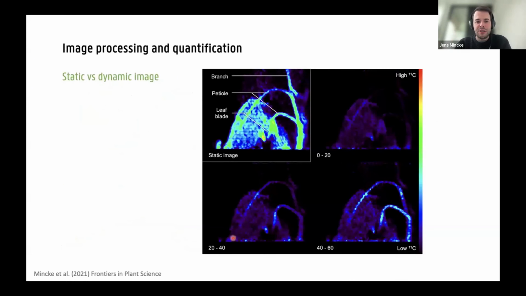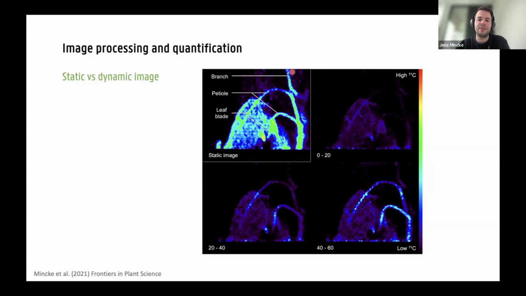After your experiment is done, there is an image reconstruction step, and you end up with a PET image. If you did a scan for 2 hours, then you can reconstruct an image that contains all of the activity that was detected by the scanner during this period. This is called a static PET image. These images are mainly used because everything that is in the scanner is clearly visible.